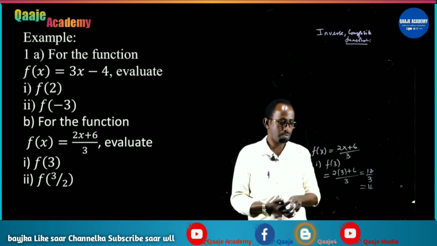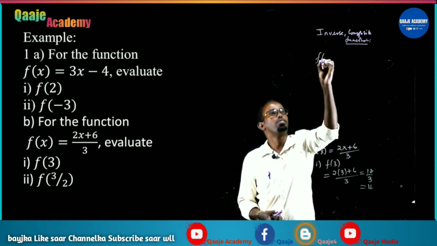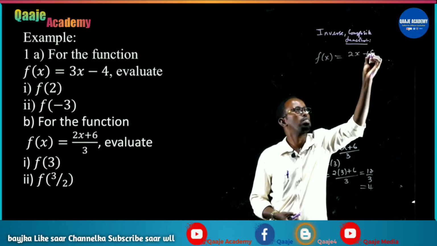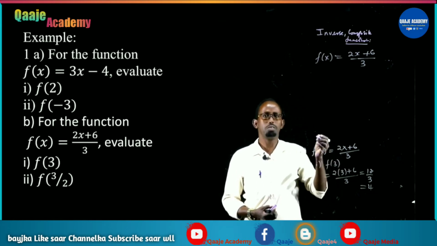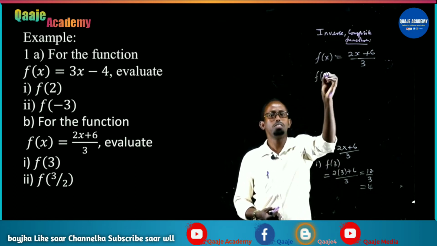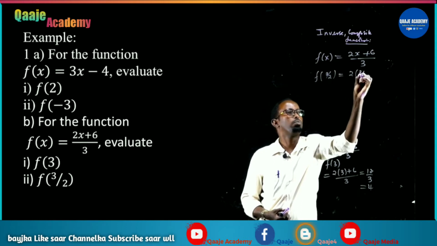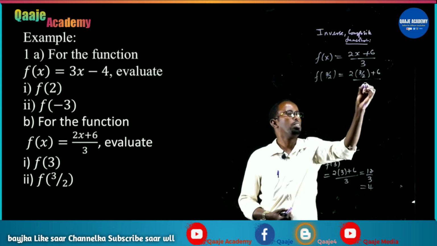Roman 2 is f of x equal to 2x plus 6 divided by 3. We are told to substitute x with 3 divided by 2. So this will be 2 bracket 3 divided by 2 plus 6 divided by 3.